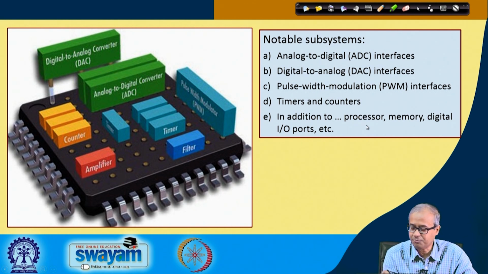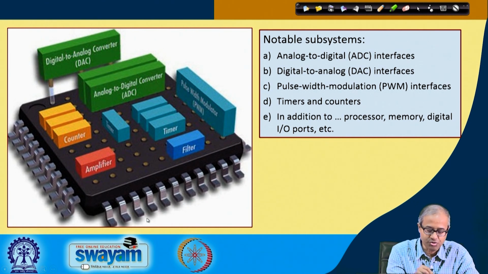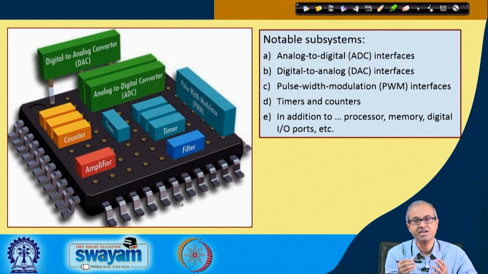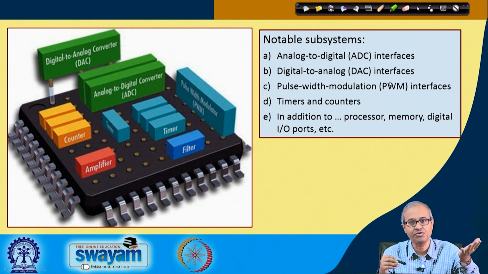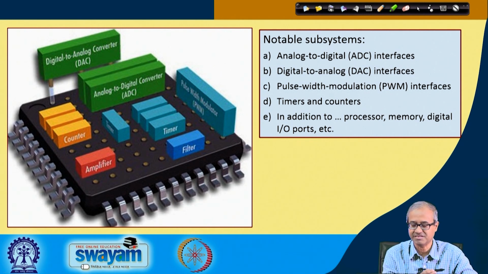So, in addition to processor, memory, IO ports, etc., a typical microcontroller today, which forms the heart of an embedded system, can contain analog to digital interfaces, because most of the inputs from the outside world sensors are analog in nature, they are continuous in nature, like temperature, humidity, pressure, etc. Digital to analog interfaces for controlling some external parameters.